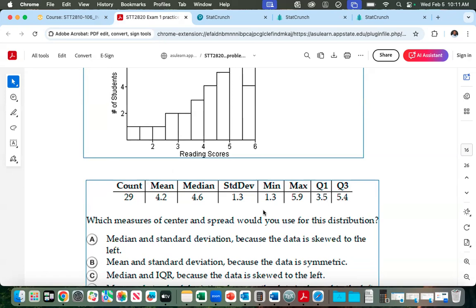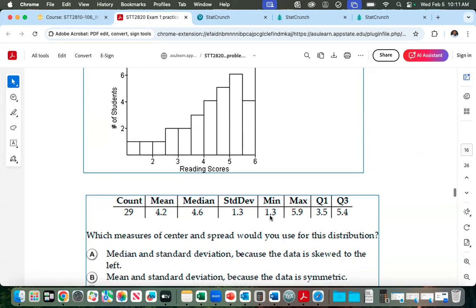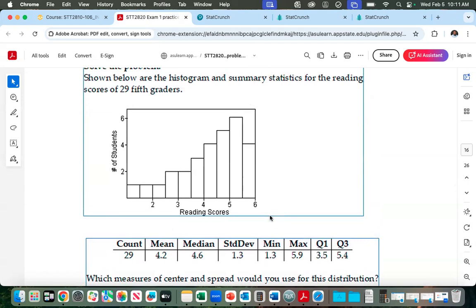Now the question they want to ask us is, which measure of center and spread would you use for this distribution? Because this is skewed, last time we learned that the measure of spread for a skewed distribution is the IQR, isn't it? Because the interquartile range is more resistant to outliers than the standard deviation.